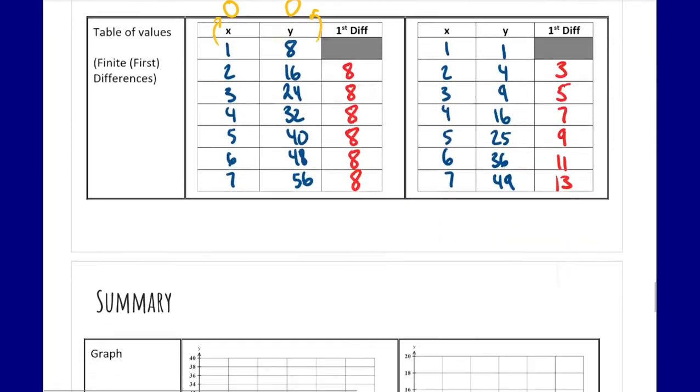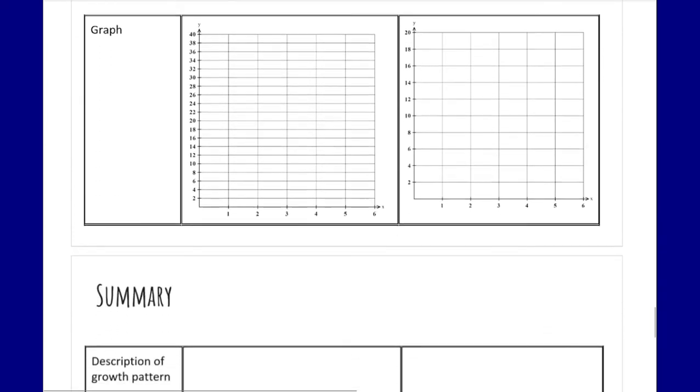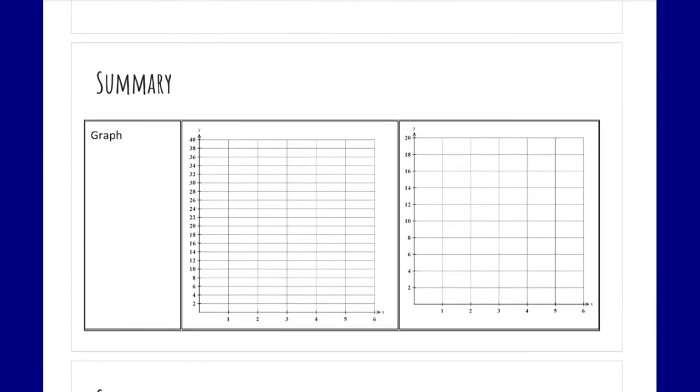So let's graph this as well. For the evergreens, we start off at 0, 8, 16, 24, 32, 40. Can't really graph anymore.